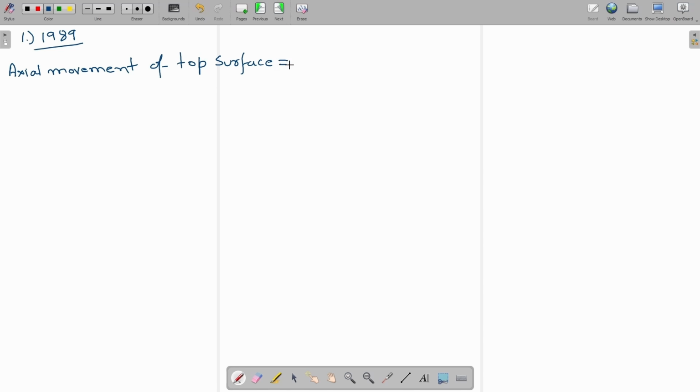What does this mean? It means we need to find the deflection at the top surface. This is our requirement.